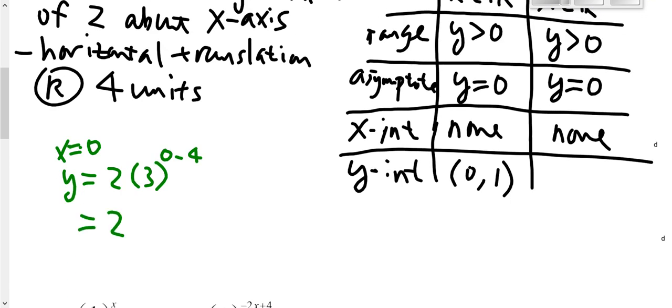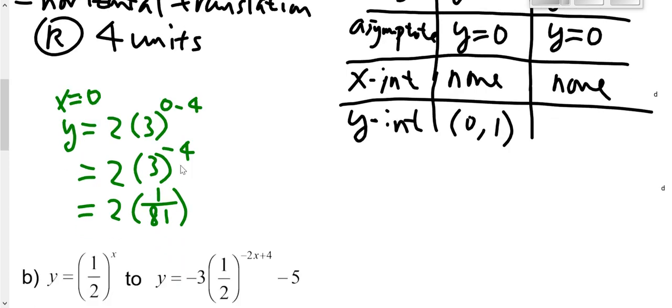So 2 times 3 raised to the power of negative 4, which is the same as 2 times 1 over 3 raised to the power of 4. That means this is the same as 1 over 81. If you are still not sure how it works out, by flipping this 1 over 3, you can get rid of the negative exponent.